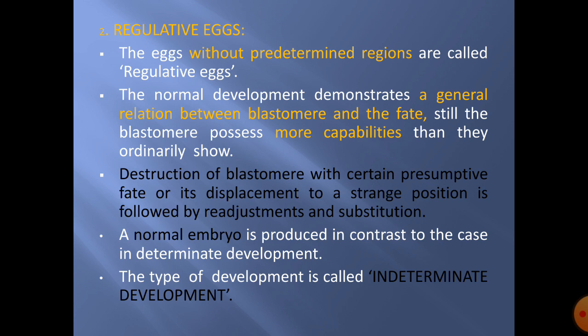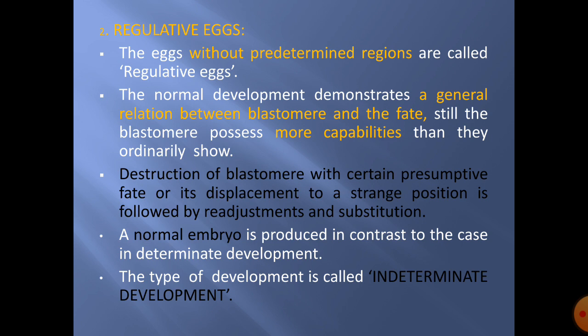So if you destroy a part of the blastomere or a complete blastomere with a certain presumptive fate, or if you displace it to a strange position from its original position, this is followed by readjustments and substitutions, and the outcome is a normal embryo, in contrast to determinate development.